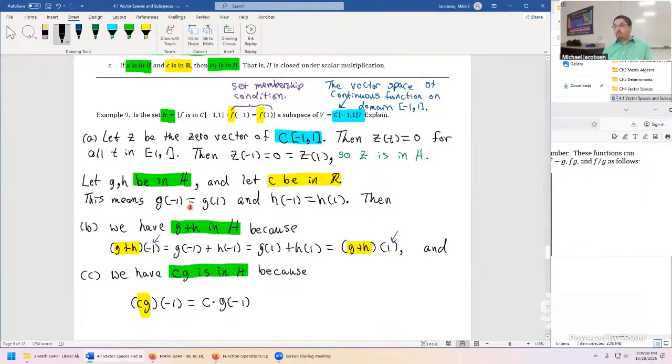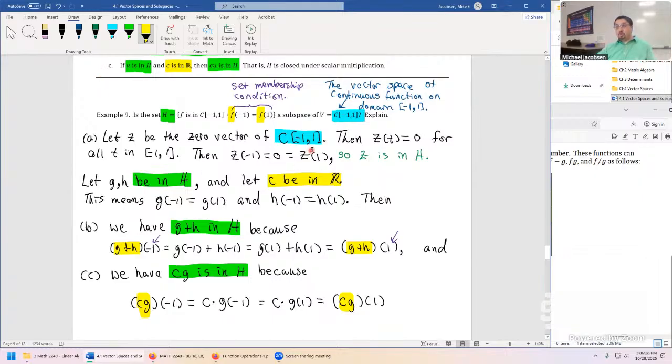Then go back to what we said at the beginning. Being inside the set H means G at -1 is equal to G at +1. Then back down here, undo the function operation. This is the function C times G at +1. That's what we were meant to show. The entire function C times G is just playing the role of F in the original definition of the set H. So this shows part C holds as well.